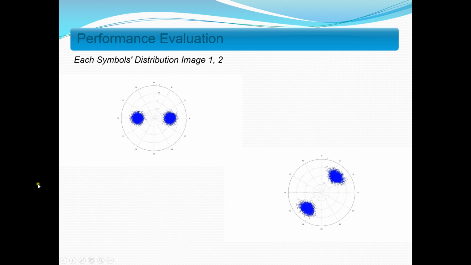In the image here, the CP is larger than the delay in the channel, so there is no distortion in this image. But we can see this image here, image 2.